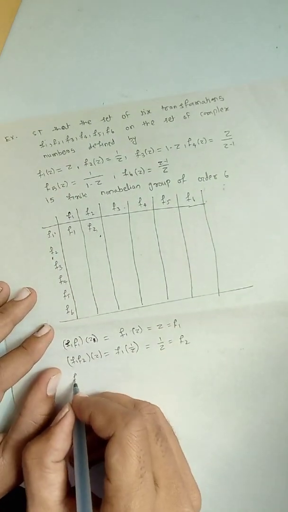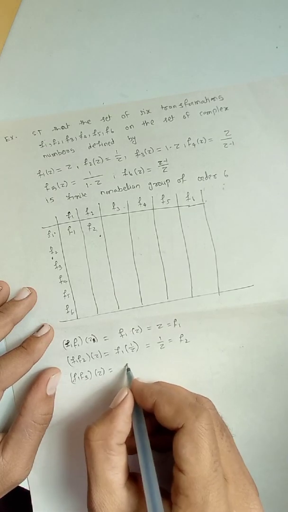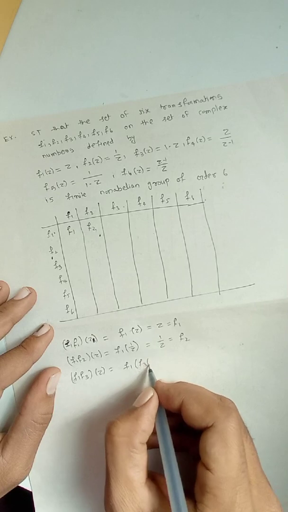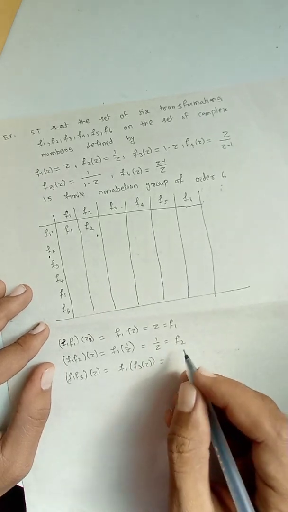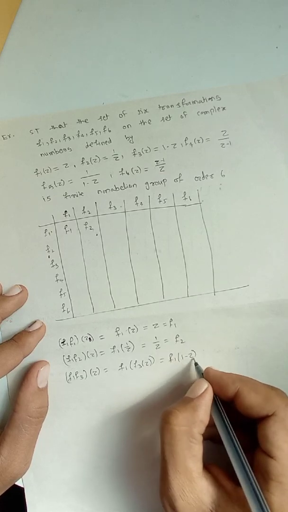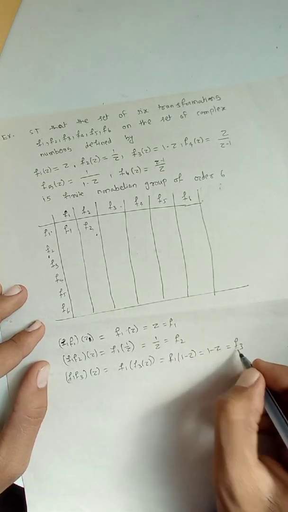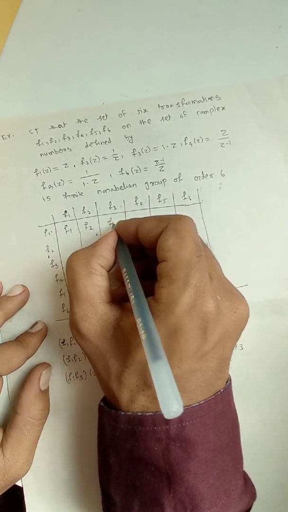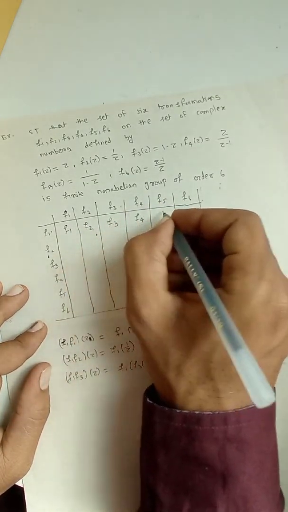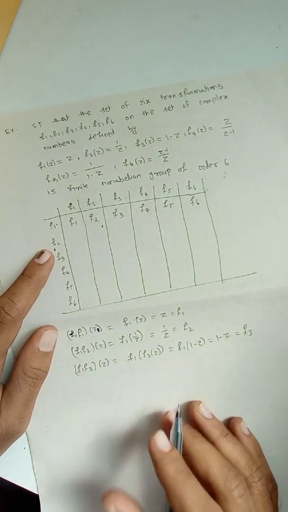Now f1 f3 of z is equal to f1 of f3 of z, so f3 of z is 1 minus z, and f1 of 1 minus z is 1 minus z, so it is equal to f3. Likewise f4, f5, f6. Now I am going to calculate f2 f1.